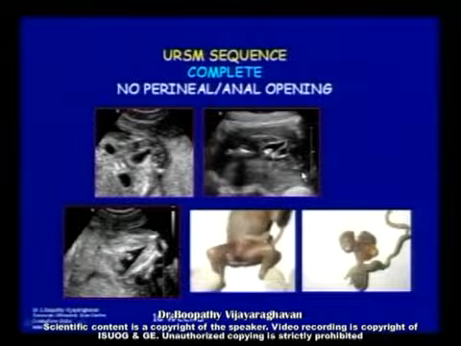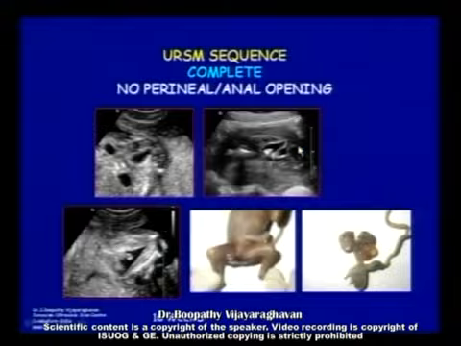Now, in complete URSM sequence, there is no perineal or anal opening. In this fetus at 16 weeks, you see bilateral hydronephrosis and a cystic structure in the pelvis. Is it the bladder? It may or may not be, but it is against bladder. You see the thick, echogenic wall of the cloaca, and posteriorly a dilated colon with meconium.